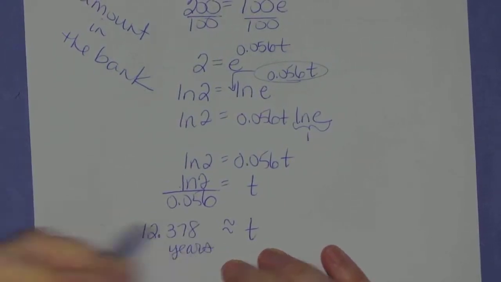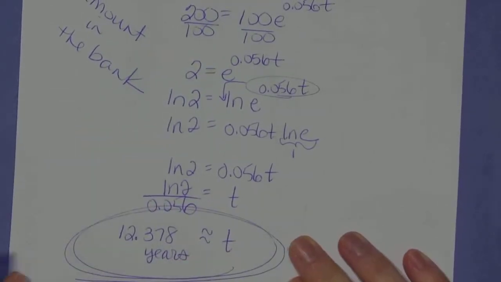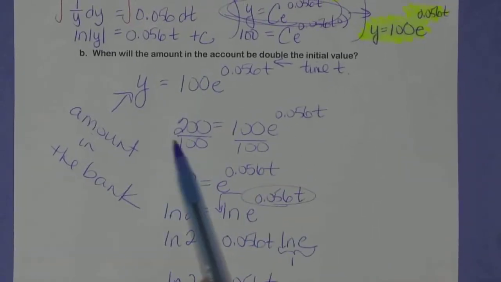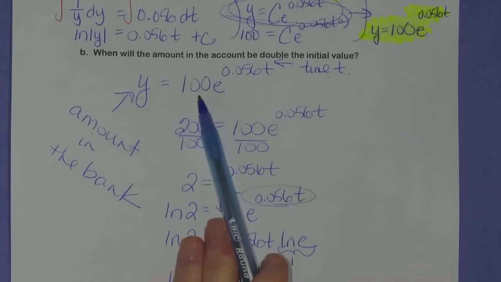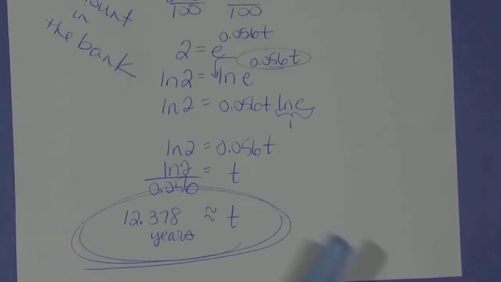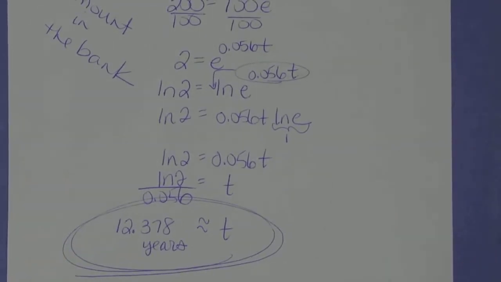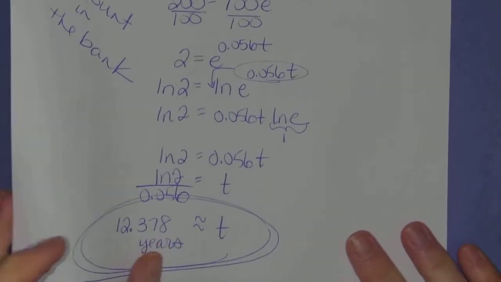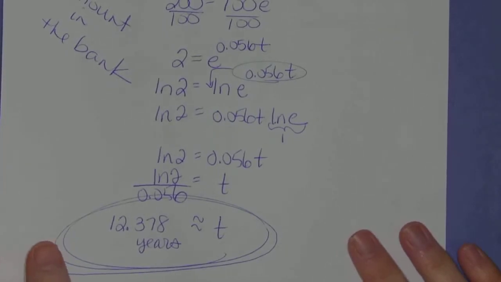Whoa. That's a lot of time. So if you don't add anything to this account, you just let $100 sit there and ride this out, it's going to take 12.378 years for you to be up to $200. So I don't suggest this as a strategy to save money by any means.